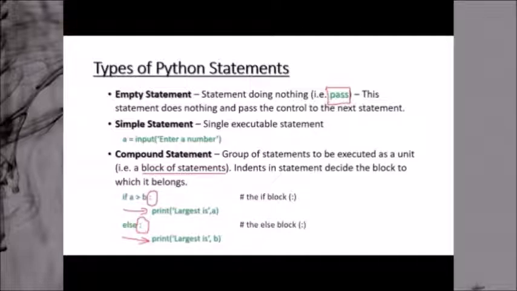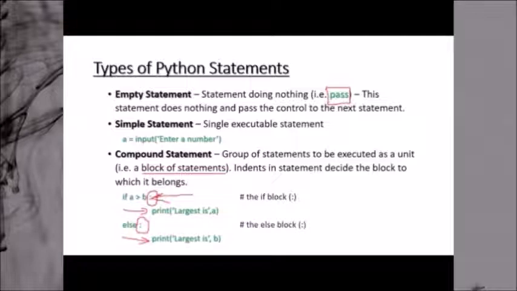So wherever blocks are required, there are 2 things you must always remember. The first thing is the beginning of the block. A block always begins with a colon sign. The moment you put a colon sign, you specify that from here a fresh block is starting.